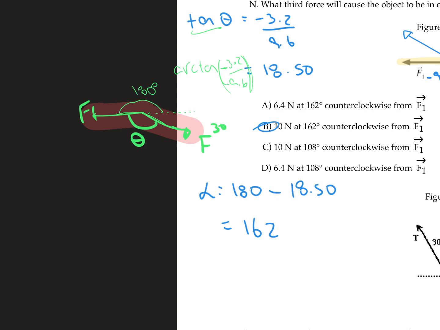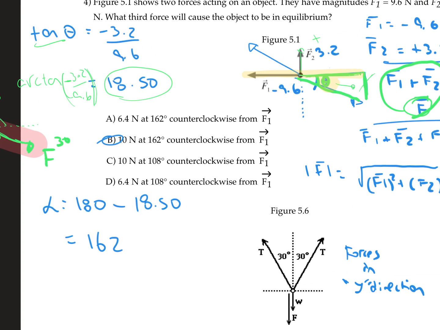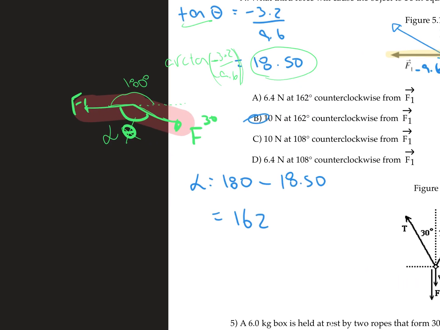So to find alpha, we would have to subtract the angle theta that we found right here. Subtract 18.5 from 180 to obtain alpha. In this case, we just subtract and we get 162 degrees.